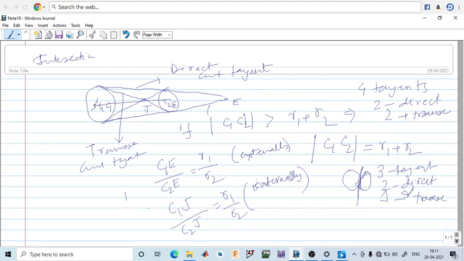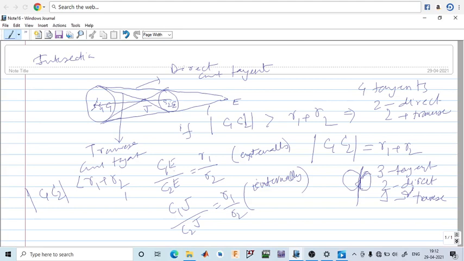If mod C1C2, the distance between the two centers, is less than the sum of radii, then we are going to get a chord. The transverse common tangent is just a chord. We are not going to get a transverse common tangent.